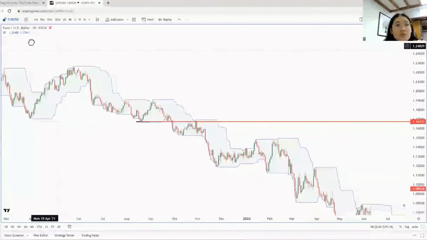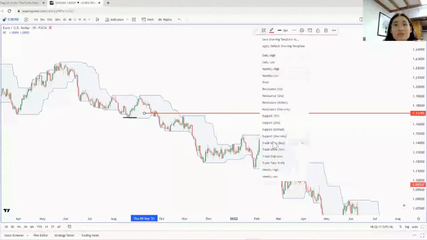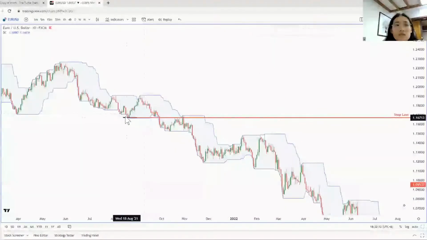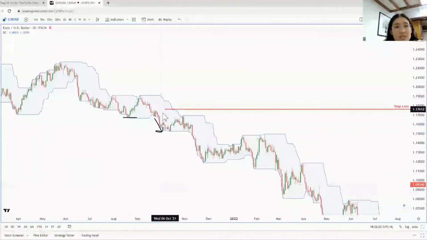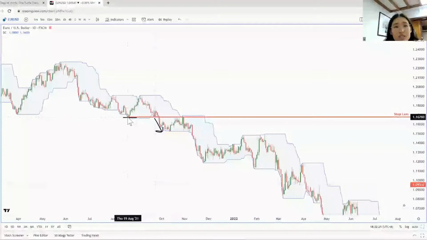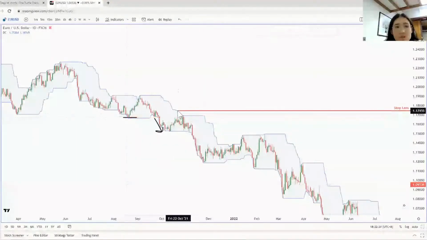But if we had placed our stop loss over here, so you go in for a sell from here, you're expecting prices to drop. If they had placed their stop loss right at the entry over here, they would have gotten stopped out because price rose up before it continued to go back down, right?